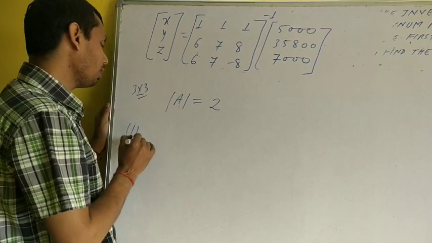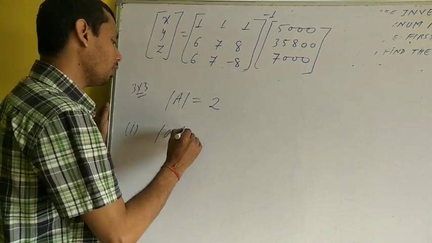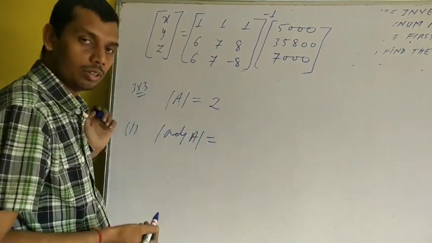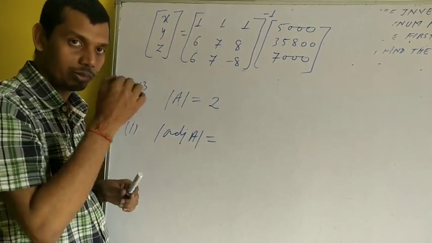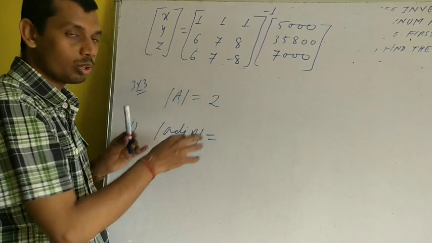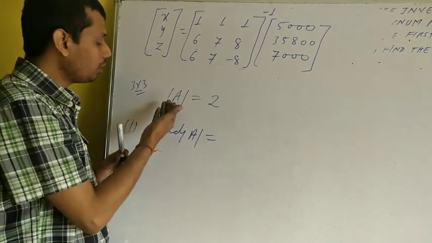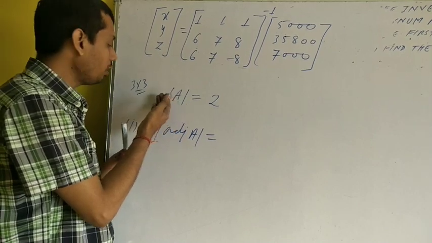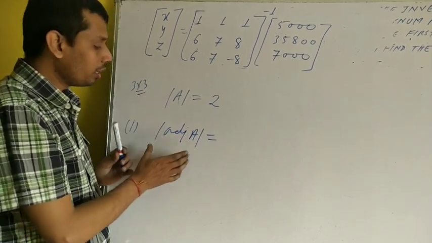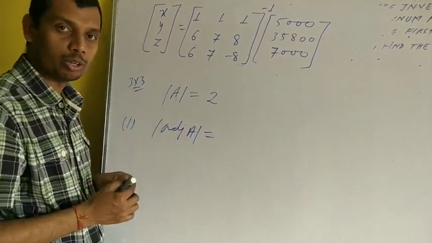Now calculate the value of determinant of adjoint A. In my previous video I have explained the properties, but we haven't discussed the numericals based on those properties.